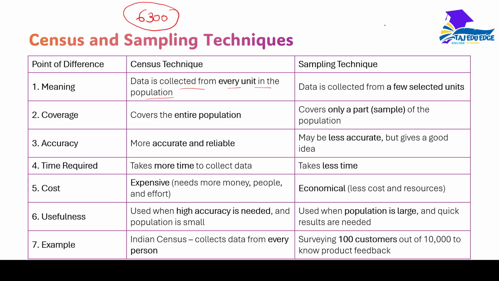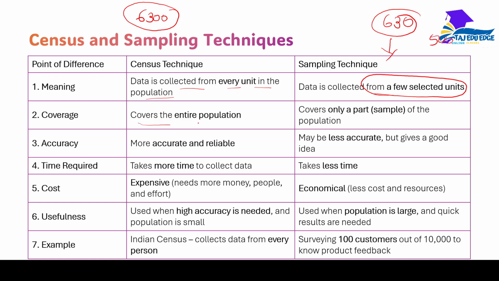But out of that 6300, you collected only from 630 people, that can be 10% of that 6300. In the sampling technique, data is collected from a few selected units, or you collected from 500 people, something like that. Next, coverage.